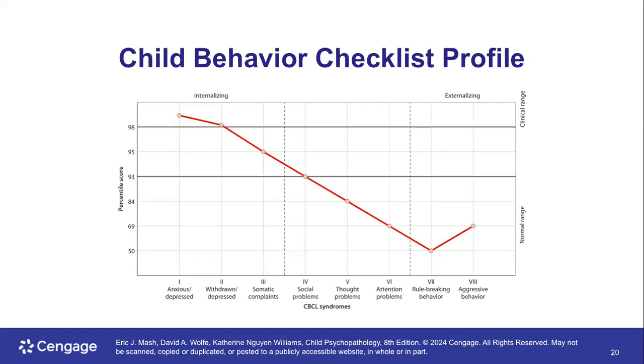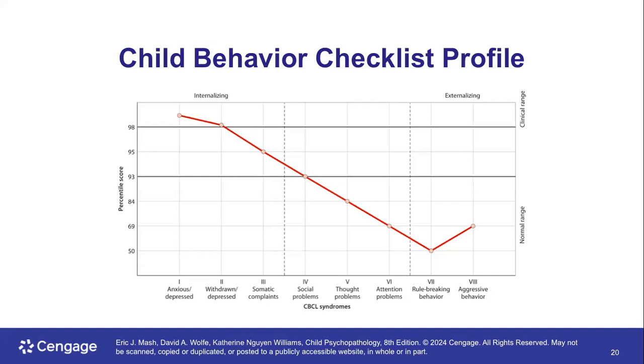So somatic complaints is somewhat elevated, and social problems is somewhat elevated or on the border of elevation. These are still of concern, and they can create some further problems down the road. But if you were trying to understand the functioning of this child, the CBCL would say, hey, we need to work on anxiety and depression.